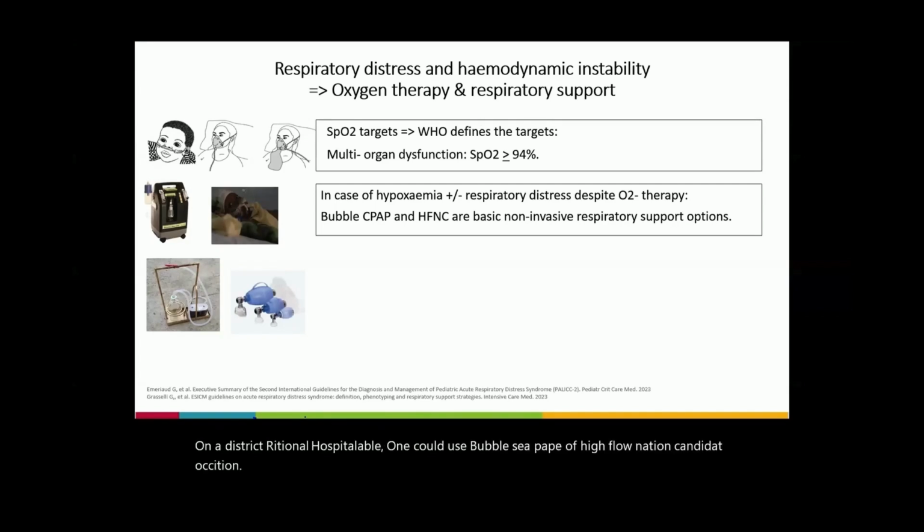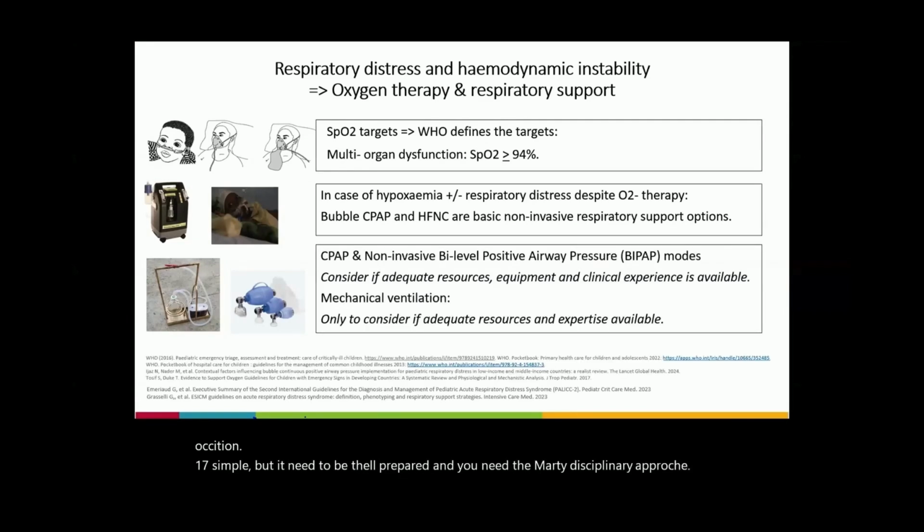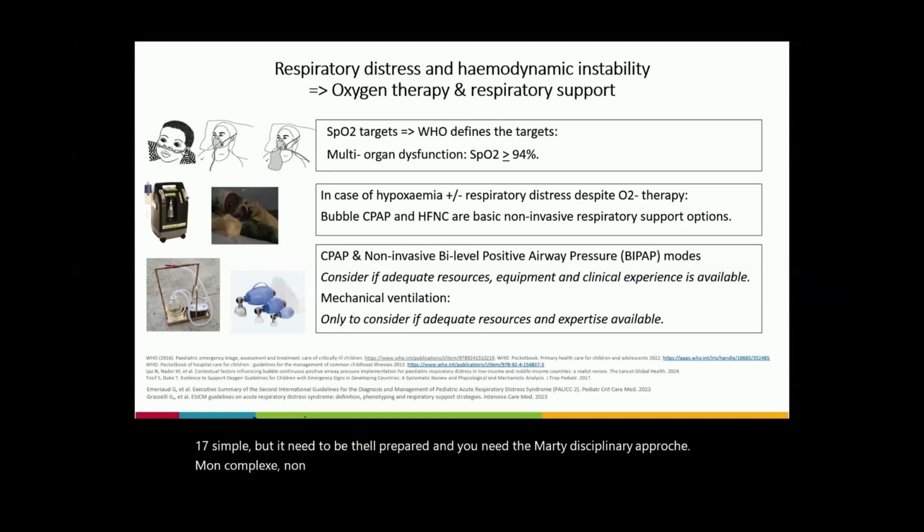This sounds simple, but it needs to be well prepared and it needs a multidisciplinary approach. More complex non-invasive respiratory support or ventilation and mechanical ventilation needs adequate resources and expertise and should only be done if that level of care is prepared and provided.